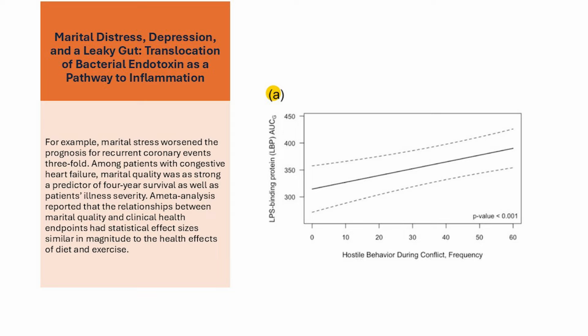The researchers found that those participants with the more hostile marital interactions had higher LBP than those who were less hostile. In other words, whole or parts of bacteria, as measured indirectly by LBP, have escaped the gut and gotten into circulation. LBP is the body's response to this escape.